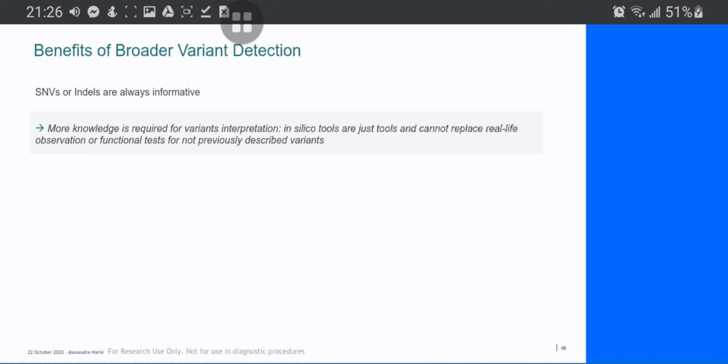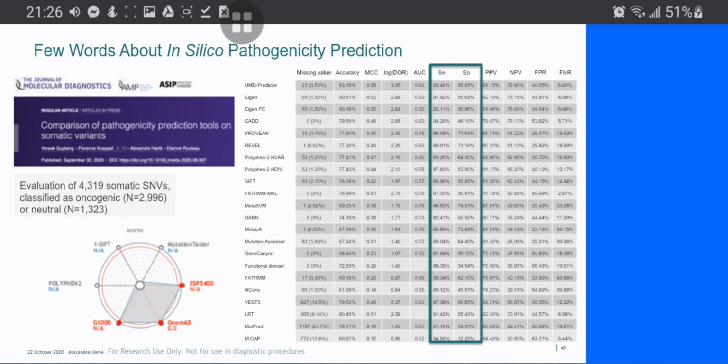And even if you use in silico tools, it's not always easy to know whether the variant will be pathogenic or not. So we published a few weeks ago with my colleagues in Paris this paper in Journal of Molecular Diagnostics, and in this paper we evaluated different bioinformatic tools that are able to predict the pathogenicity of some variants.